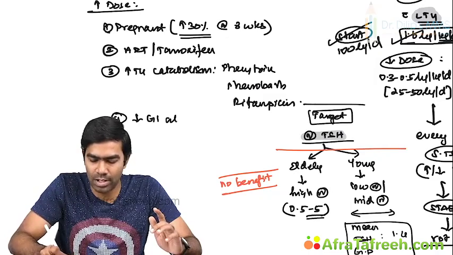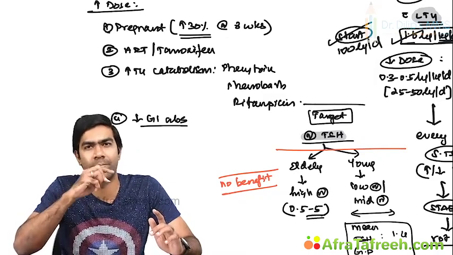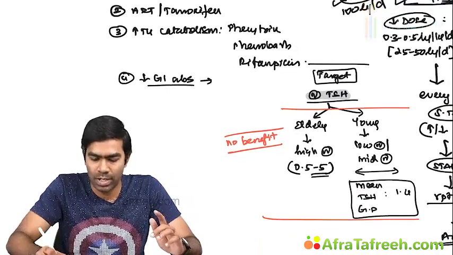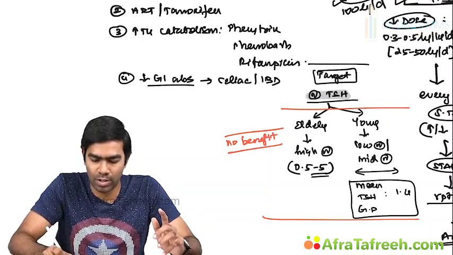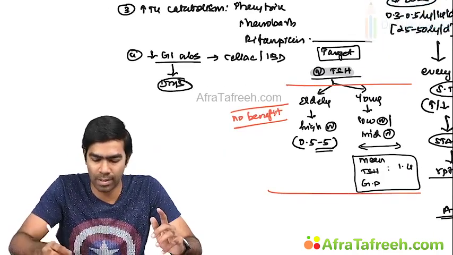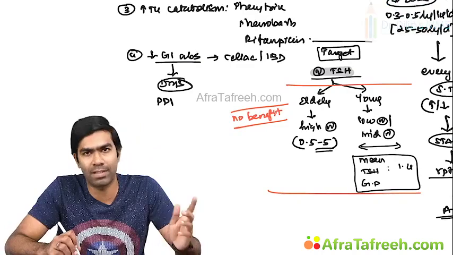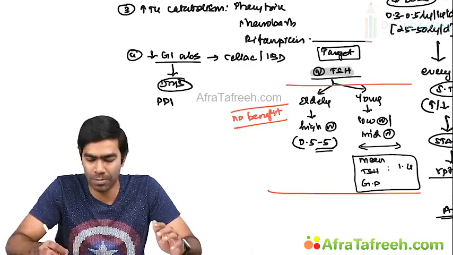And number 4, those conditions that reduce the GI absorption of thyroxine. It could be diseases like celiac disease or inflammatory bowel disease, or it could be certain drugs that reduce the GI absorption, like proton pump inhibitors. We have some robust evidence on proton pump inhibitors also.